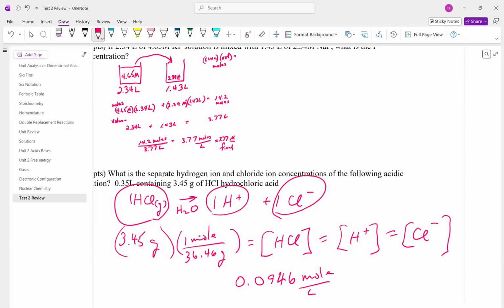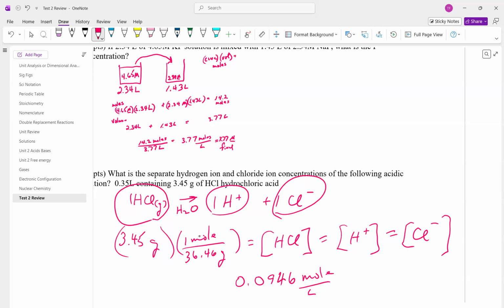Trick question. What is the concentration of HCl? Not H, not Cl, but HCl. Now think, wait a minute, before you answer, think about the definition of a strong acid.